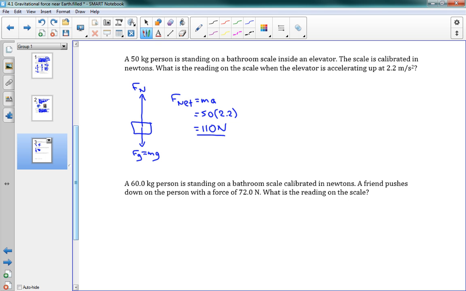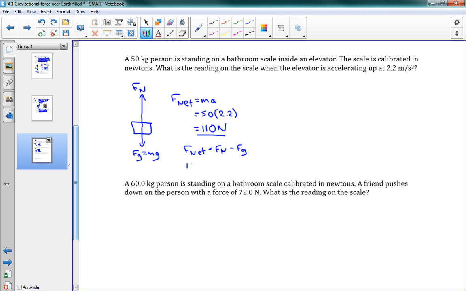So that's my net force. Now, if I want to figure out the reading on the bathroom scale, my bathroom scale tells me how much normal force I'm experiencing. So I want to find out the normal force here. I know that the net force is also going to equal normal force acting upwards minus the gravitational force acting downwards.